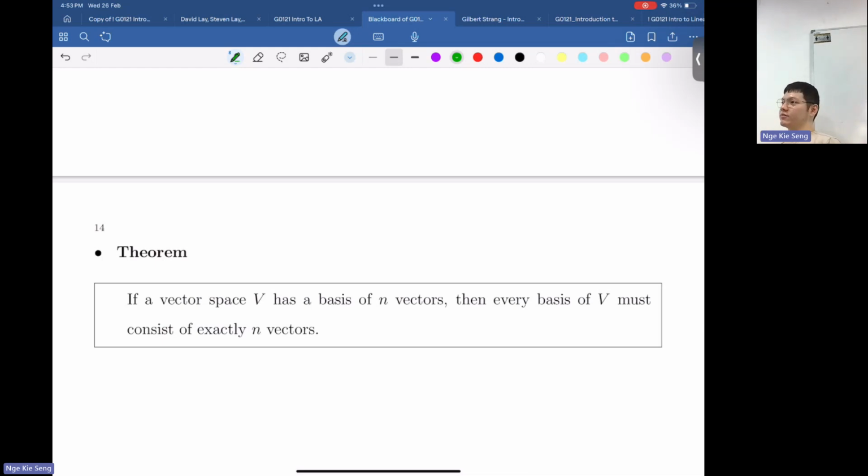So this will pretty much decide the definition of the dimension. So the dimension of a vector space will make sense, because it won't change. No matter what vectors you pick, if you pick a different set of n vectors, this number n cannot change. So for a vector space, the dimension won't change, although you can change the choice of basis.